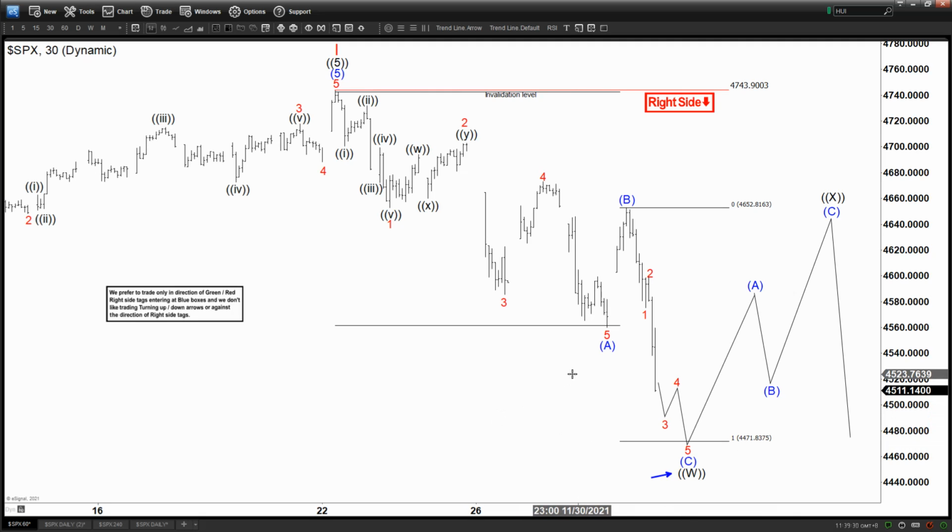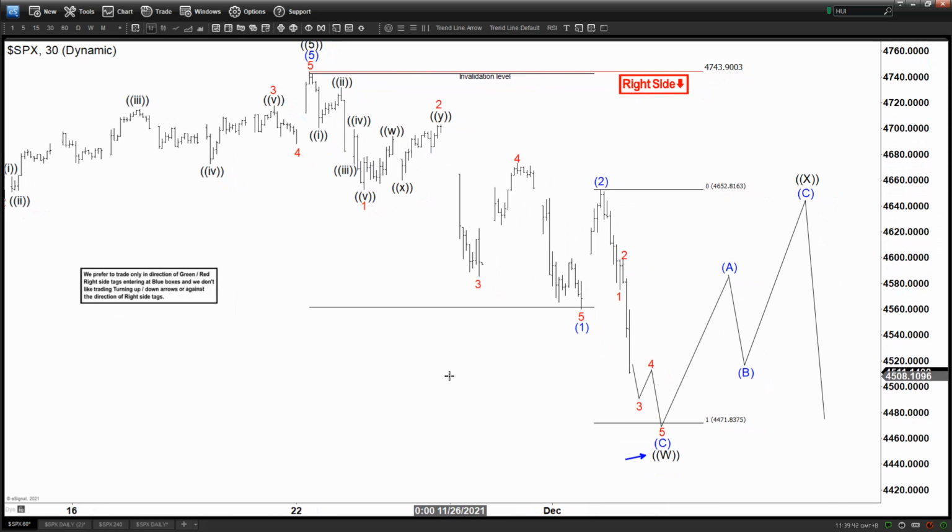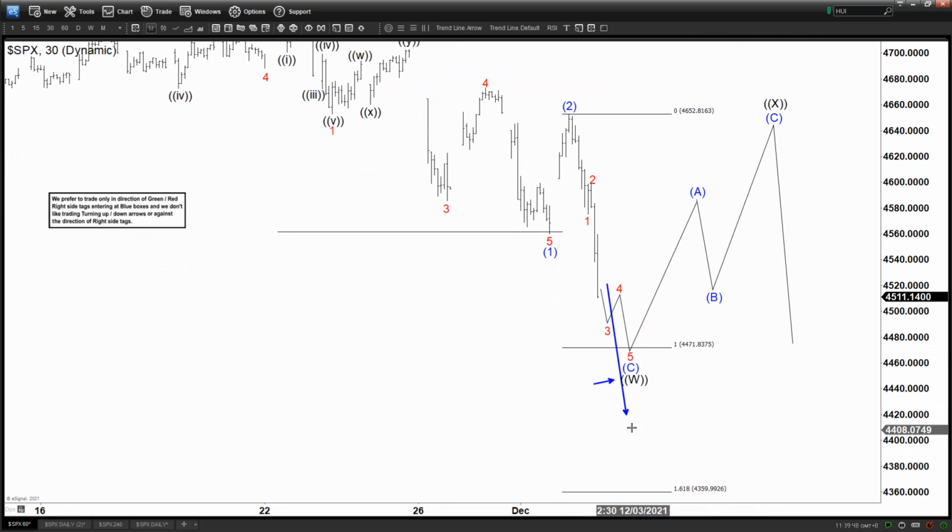Now another possibility is the idea that the pullback actually is not in 3 waves. So this could have been wave 1, and this could have been wave 2, and if this is actually the right count, then we can go down very sharply all the way to 1.618, something like this, just to give you an idea.